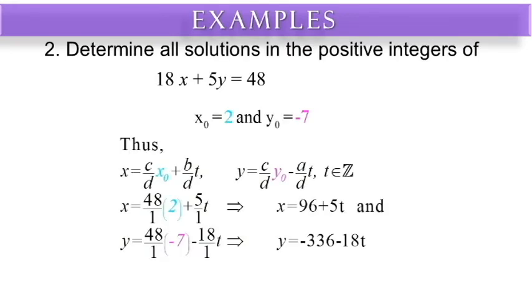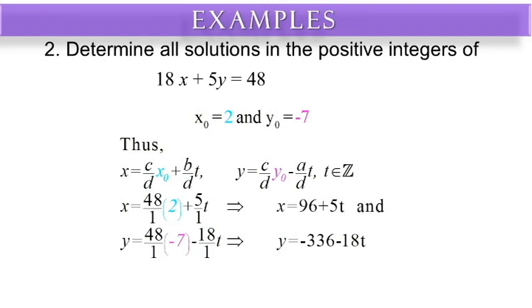Thus, going back to the general solution, we have x is equal to c divided by d times x sub 0 plus b divided by d times t, and y is equal to c divided by d times y sub 0 minus a divided by d times t, such that t is a set of any integers.